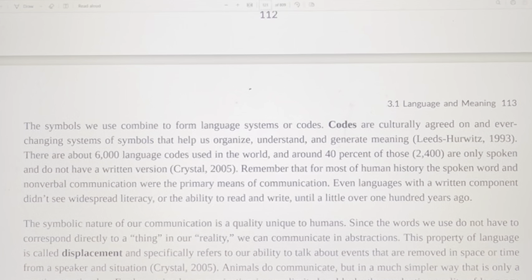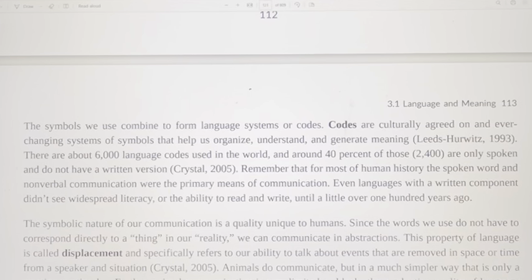Let me jump in here real quick and explain what they're talking about. Let's use as an example this thing right here below the computer. In English, it's called a table. It can be called a desk. It could be called or referred to as a surface. It could be referred to in many different ways.